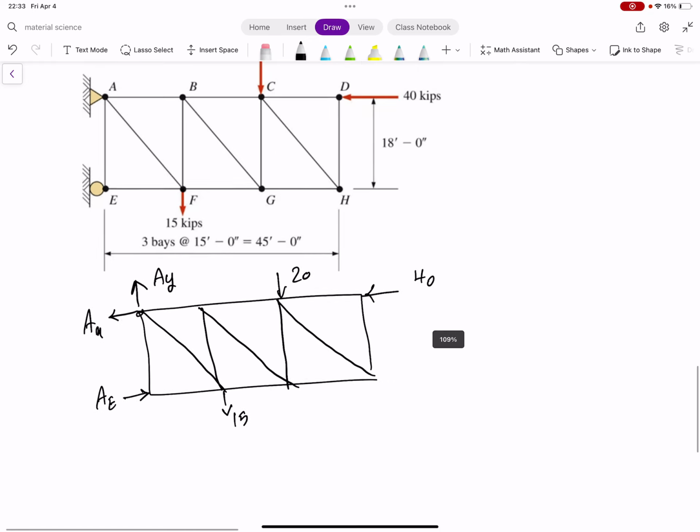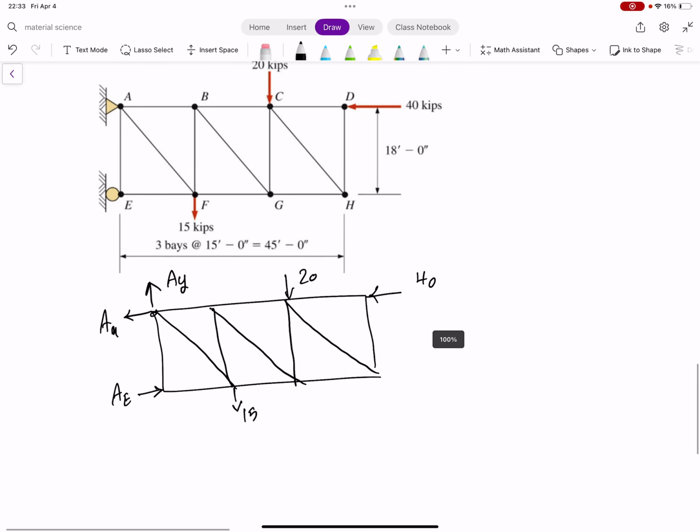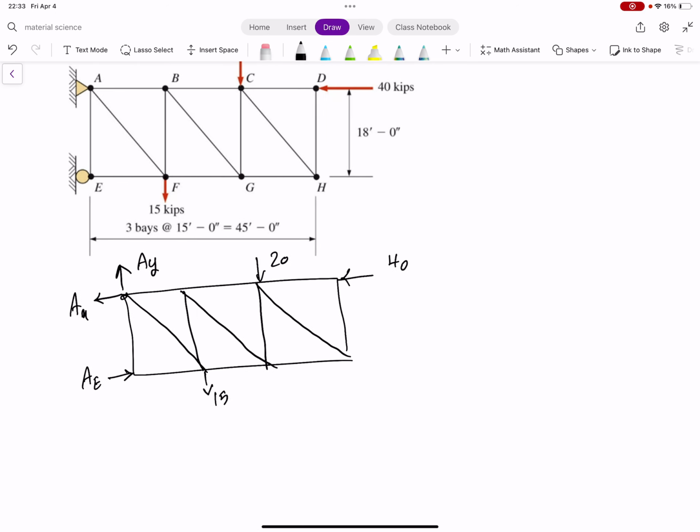So based on those values, I'm going to use the moment equation.